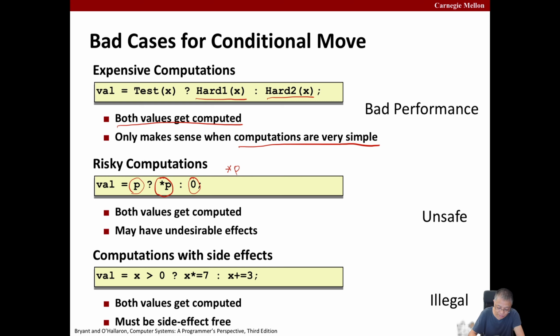But if both values get computed, what will happen if p is 0, or p is nil? In that case, we are dereferencing the memory at 0. That's called a nil pointer dereference.